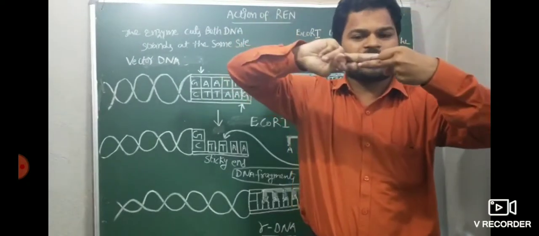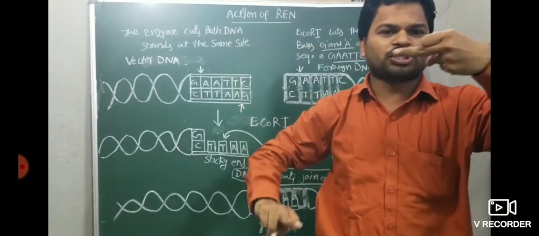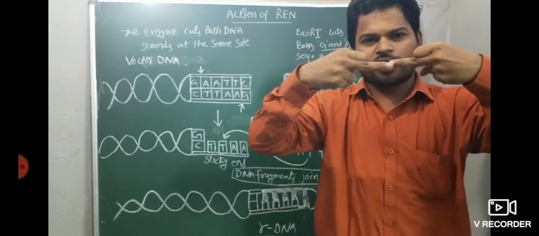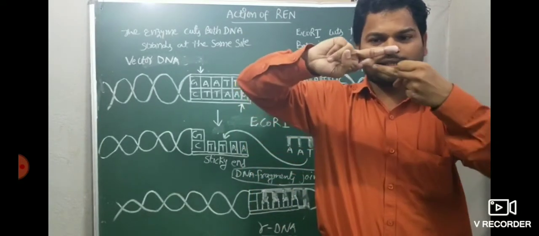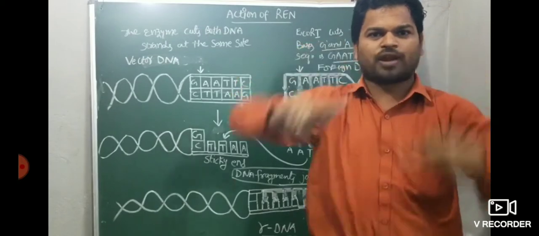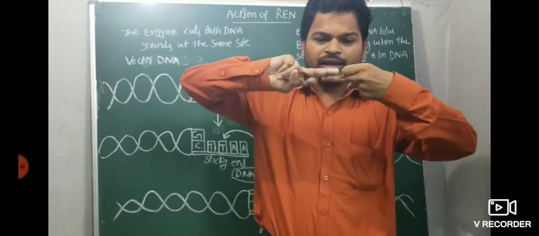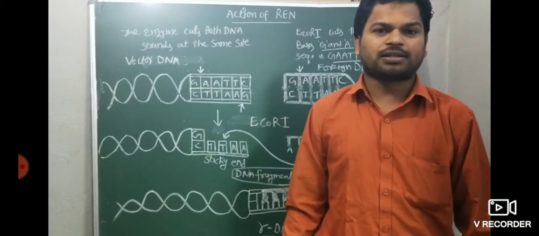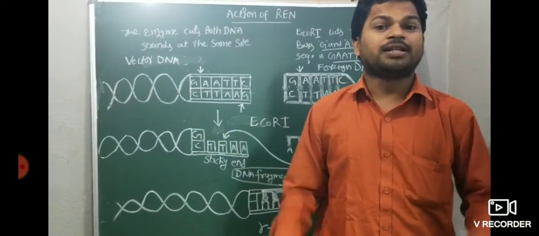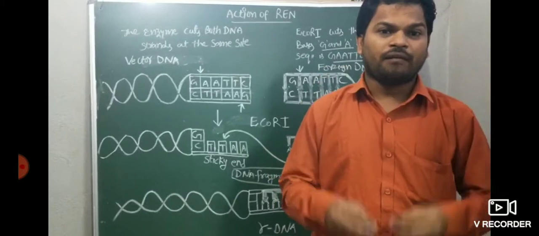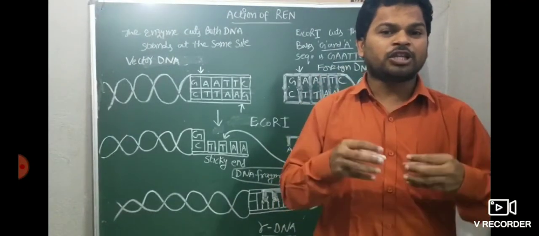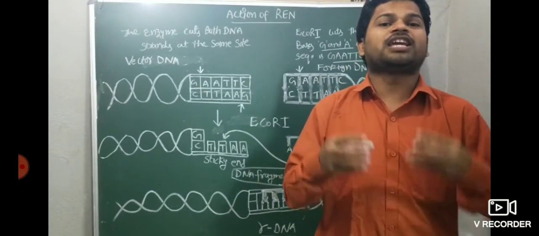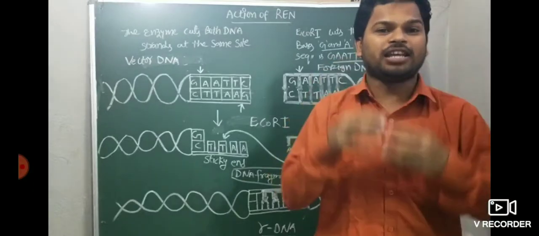it cuts the DNA like this: one end is a short fragment, one end is a long fragment. That is called sticky ends. Without sticky ends, there is no chance of ligation by DNA ligase enzyme.